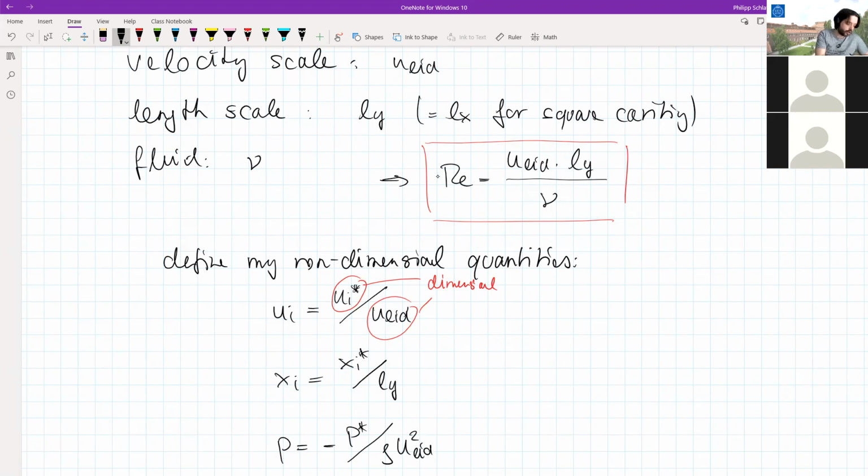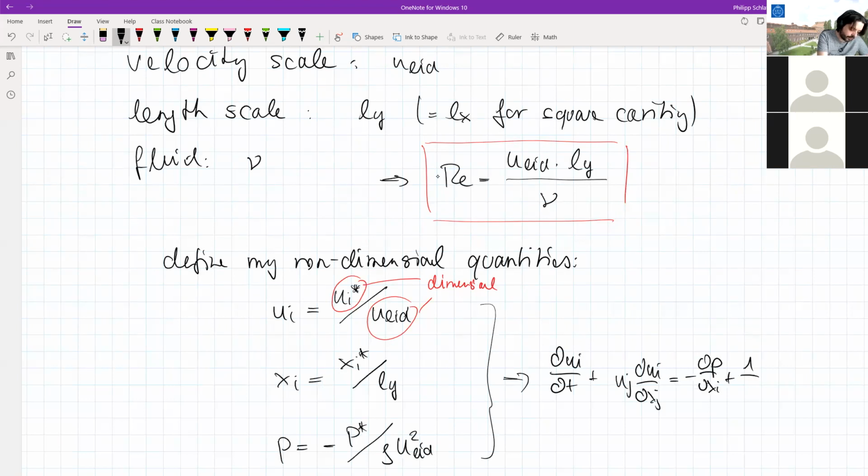So now I have my non-dimensional velocity, length scale, and pressure. And with all of that, I can formulate my non-dimensional equations, which are the Navier-Stokes equations: dui dt plus uj dui dxj equals minus dp dxi plus 1 over Reynolds times d squared ui dxj dxj.